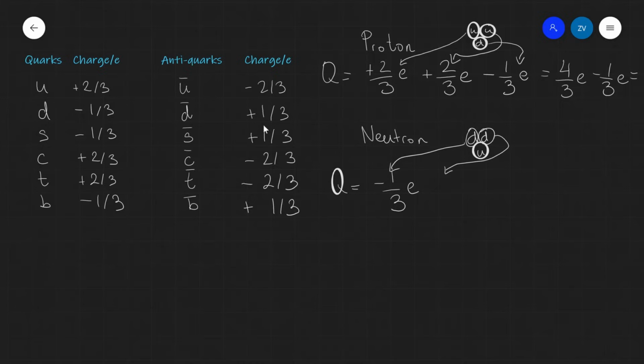The other down quark also has a charge of minus 1/3 E, and an up quark has a charge of plus 2/3 E. Minus 2/3 E plus 2/3 E, and we can see that the neutron is going to have an overall charge of 0.